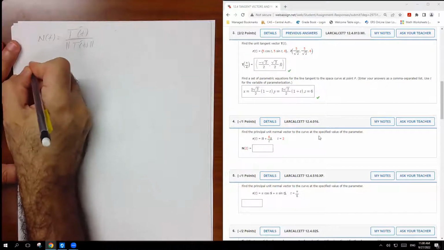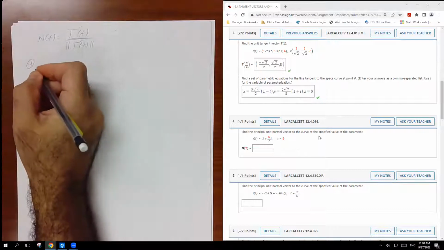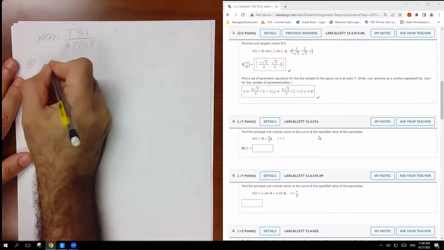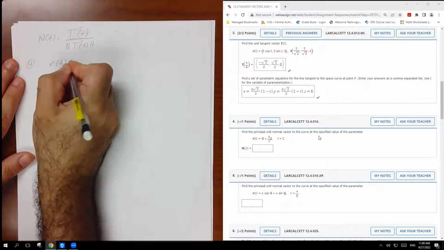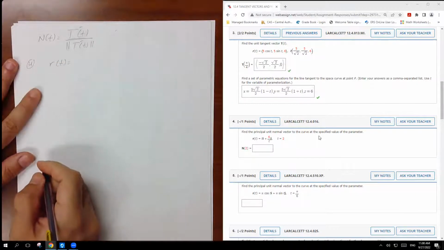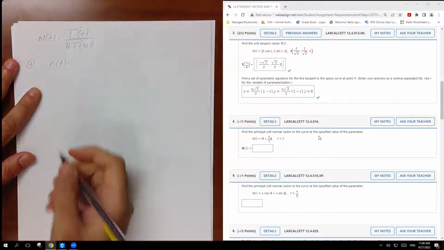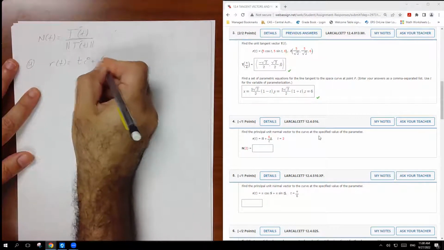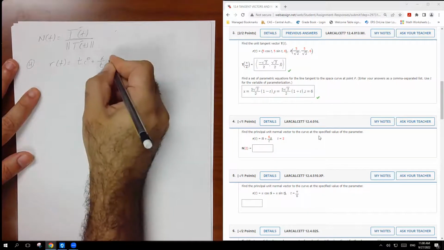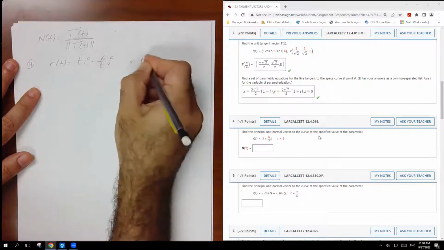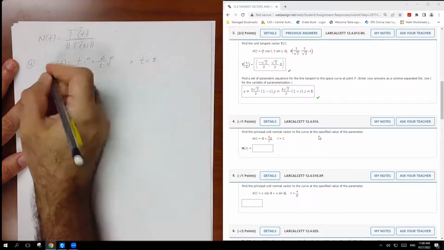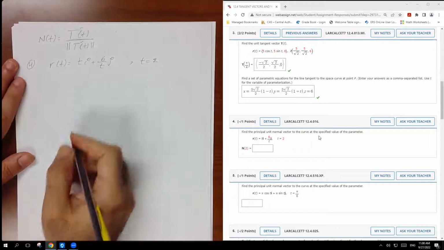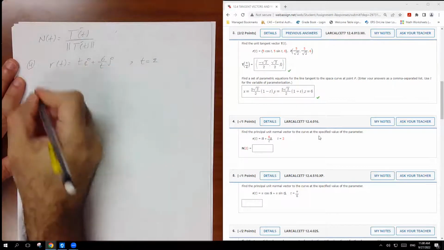So r of t equals t i plus 6 over t j, and t equals 2.